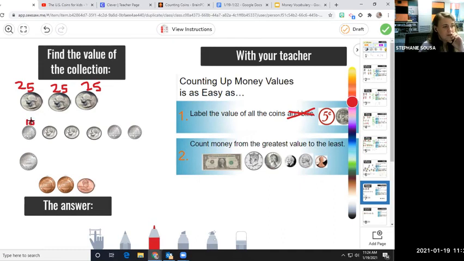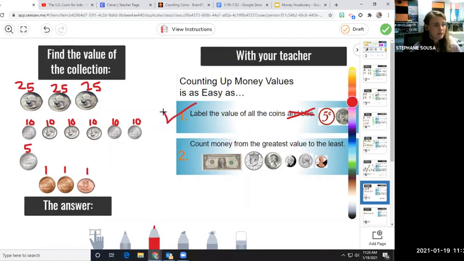I have 1 dime, 2 dimes, 3 dimes, 4 dimes, 5 dimes, 6 dimes, each worth 10 cents. I have 1 nickel worth 5 cents. And my 3 pennies are worth 1 cent each.